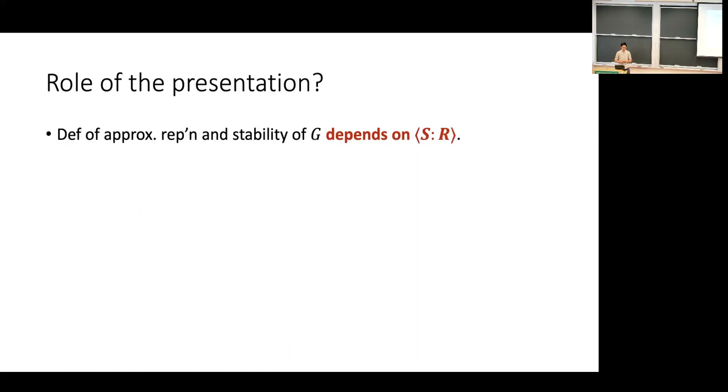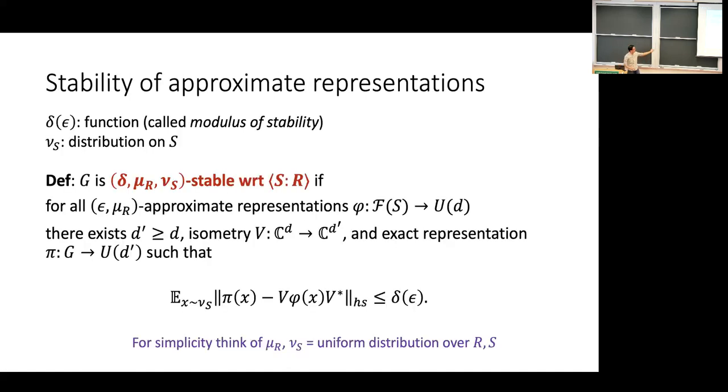People tend to talk about the stability of groups, but really the definition that I provided depends on the specific presentation you're talking about, because these error bounds hold on average over some distribution over the generators and relations.